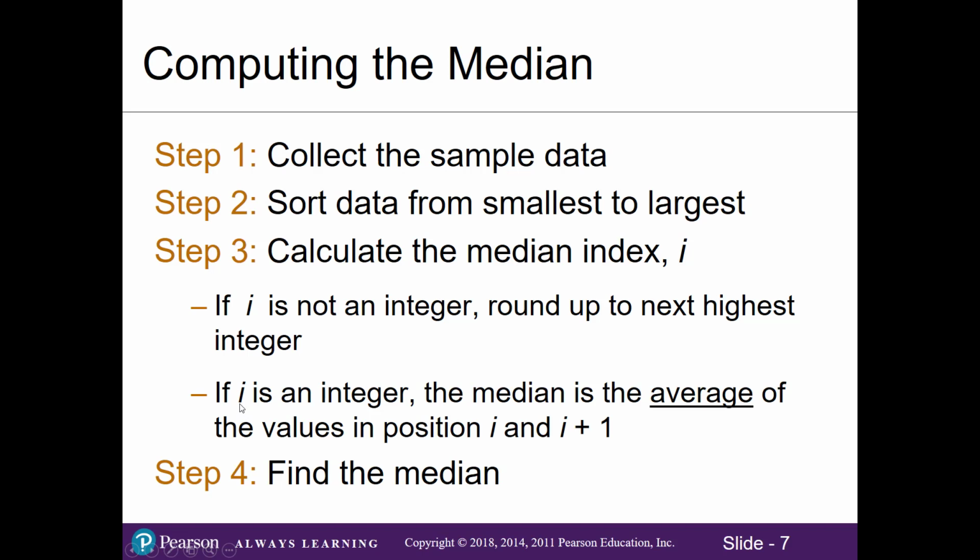If our index is an integer, then what we have to do is find the position where I falls, the whole number, and take the average of that number and the next number up, or I plus 1. And we'll see an example of it in just a sec. Based on our index, we can then find the corresponding median value in that particular position.